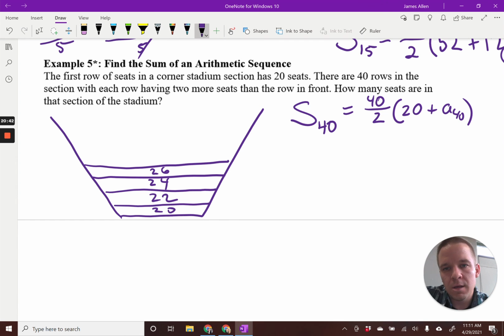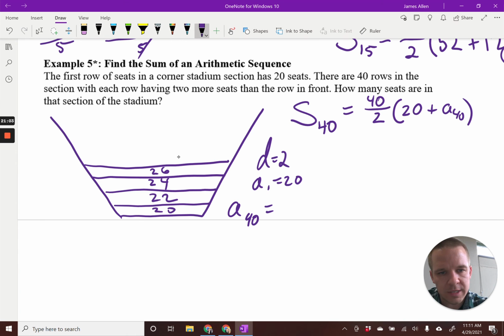All right. Well, perhaps there's a way to figure this out. It's going up by 2 each time, right? d is 2. Okay. And the first row is 20. So A sub 1 is 20. I could probably set this up, right? So let's see here.